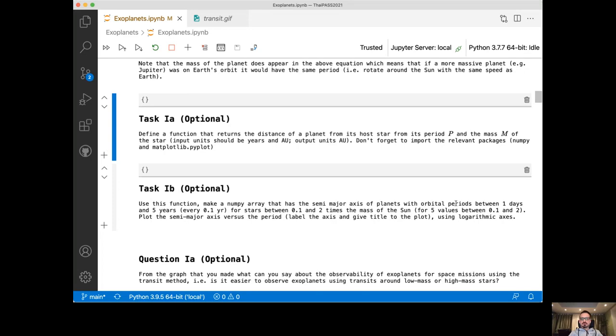Here I say that you need to use 5 values between 0.1 and 0.2. So let's say for a Sun-like star, a star with a mass of 1 solar mass, you need to plot the period of the planet versus distance.